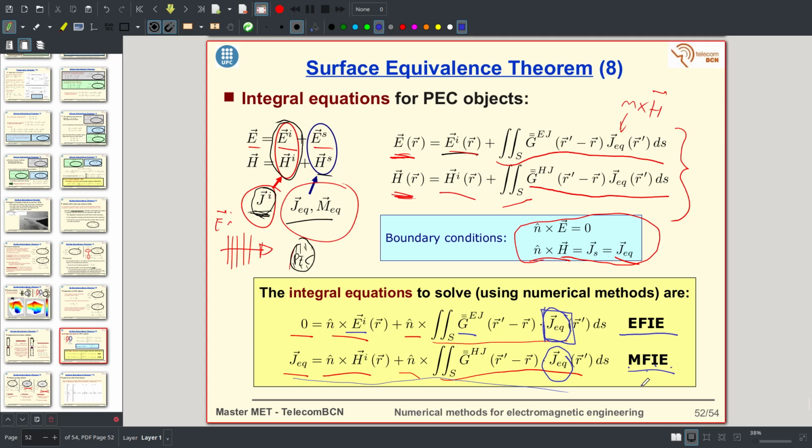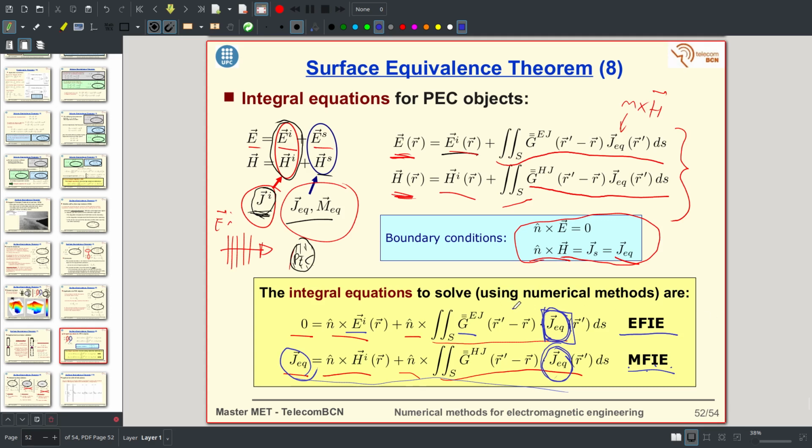It is interesting to observe that the unknown is only inside the integral in the electric field integral equation, while the unknown is both inside and outside the integral in the magnetic field integral equation. They are integral equations of different kind.